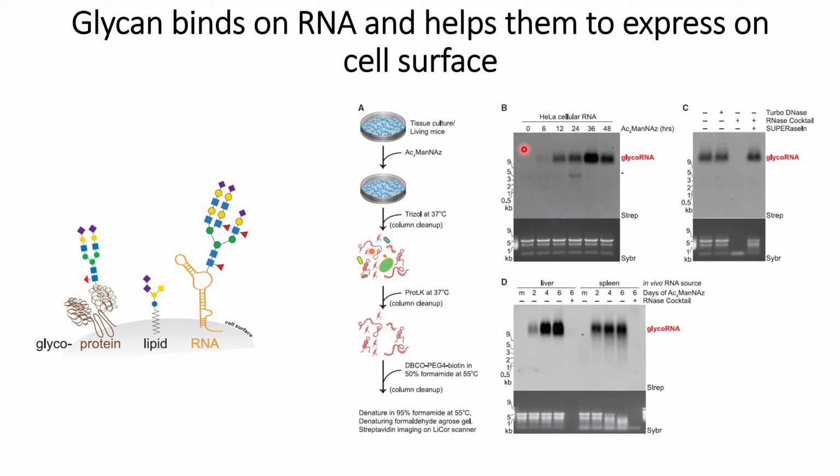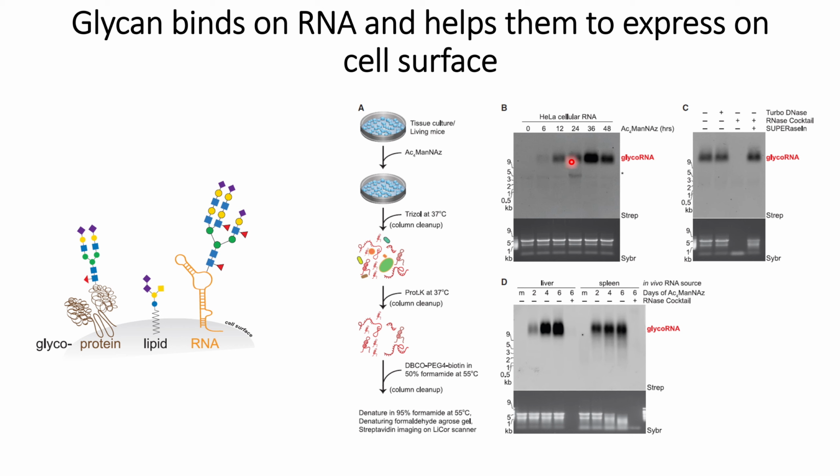We can see that during the initial time period there is no presence of glycoRNA. After that, as time increases, there is an increase in the amount of glycoRNA. For the whole experiment, they used a concentration of acetylated NAz of around 100 micromolar, and they can see the presence of glycoRNA.